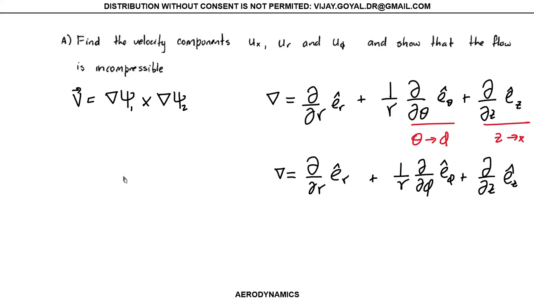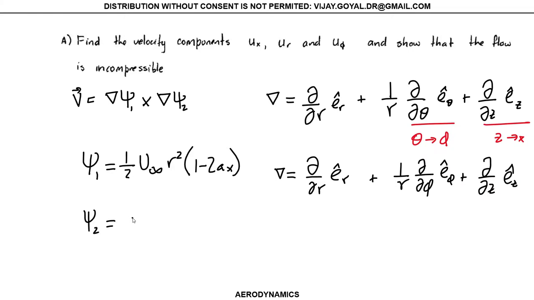So we have your streamline functions. Psi 1 is equal to 1/2 u infinite r squared (1 minus 2ax), and psi 2 is equal to phi minus bx.